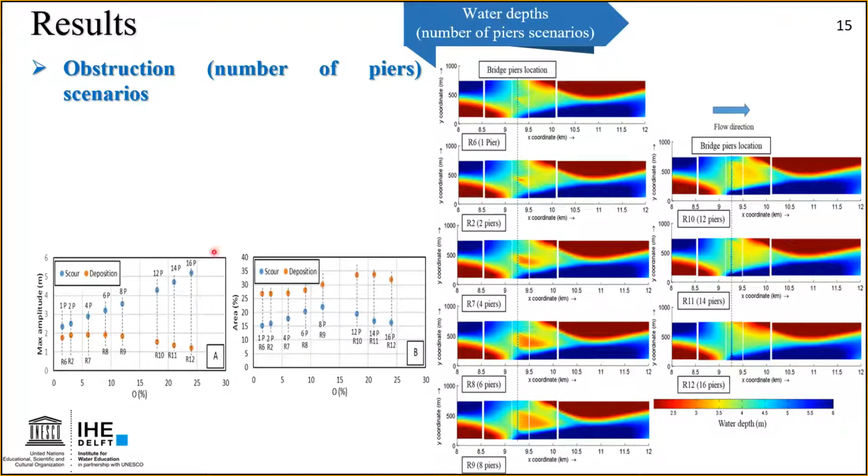We can see this also in the numerical analysis. Here the area of deposition increases up to a point, and it decreases again at a higher number of bridge piers. The same goes for the scour area and the maximum amplitude of deposition.